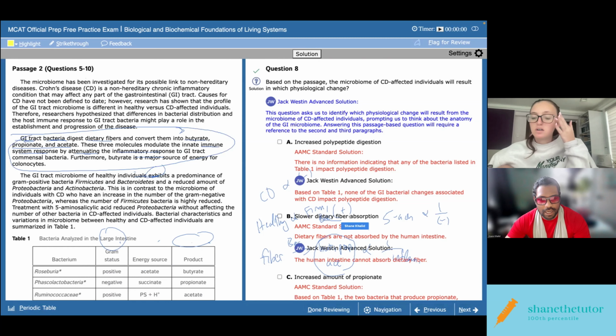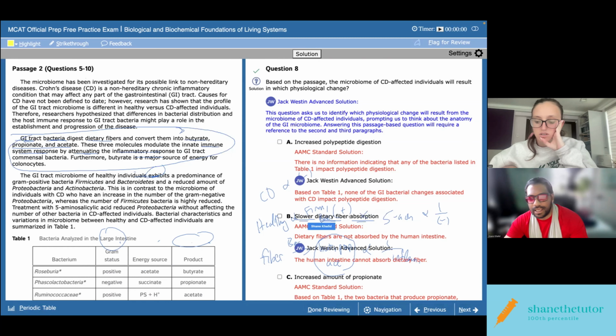So dietary fiber, sure, we mentioned that, but we said digestion, not absorption. So that's out. And slower, nothing's really indicating to us any change in rate.